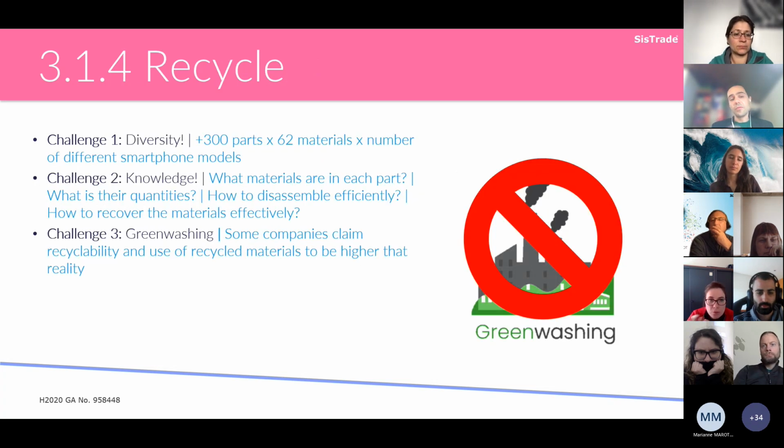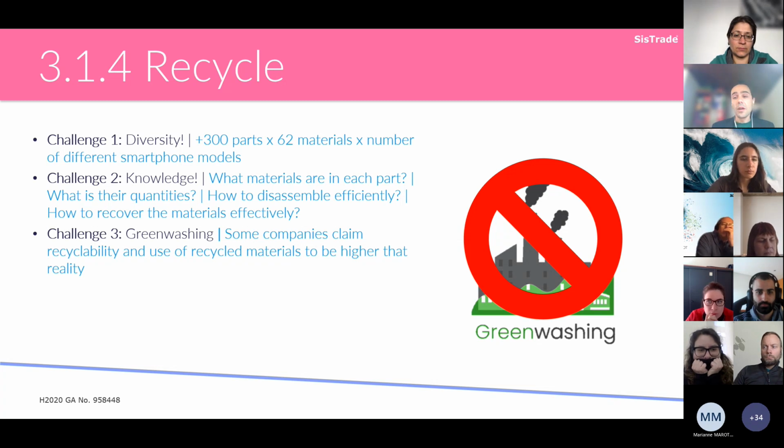Then if we go to, for example, the recycling, we have 3 challenges. We have diversity. So imagine more than 300 parts times 62 different materials times the infinite number of different smartphone models that are in the market today. So this is a huge challenge. And the second challenge is knowledge.